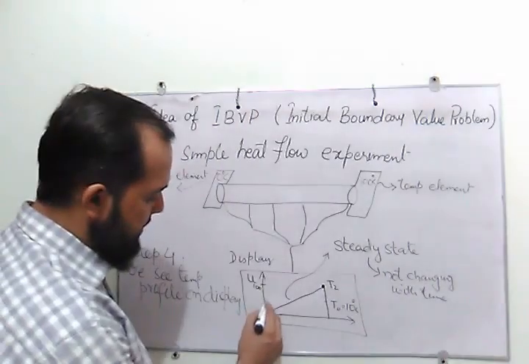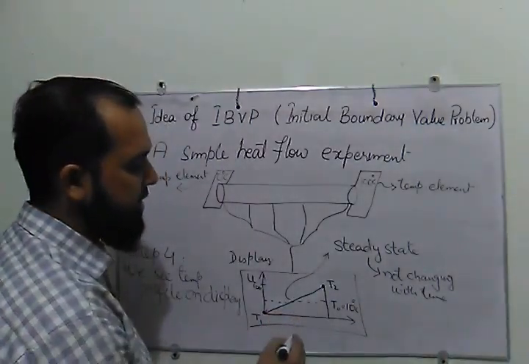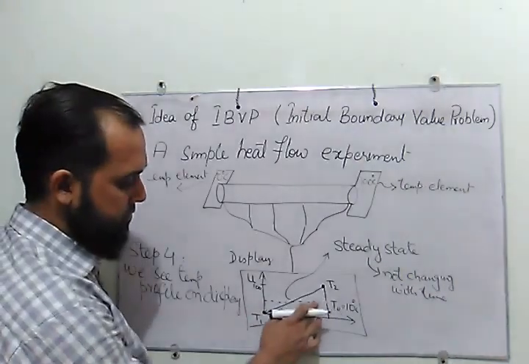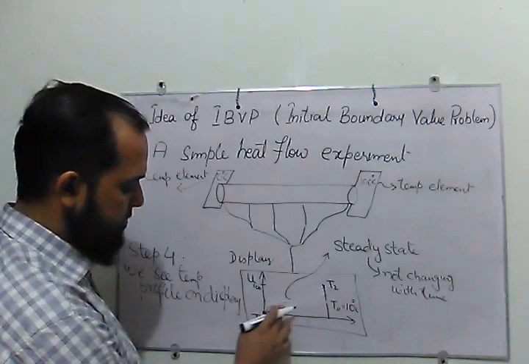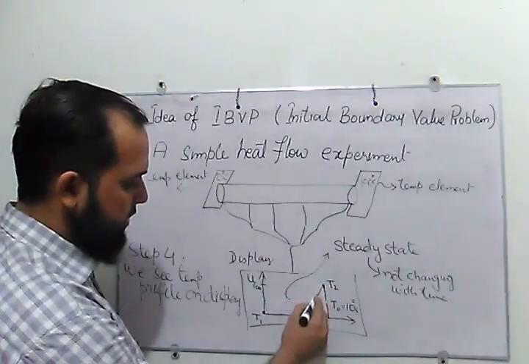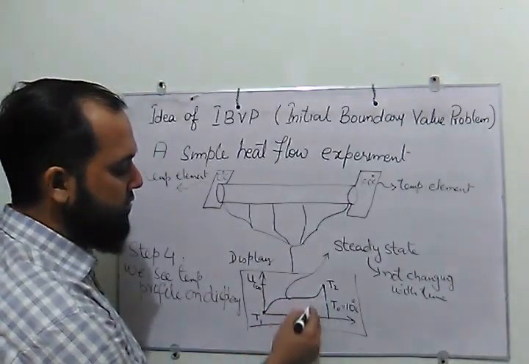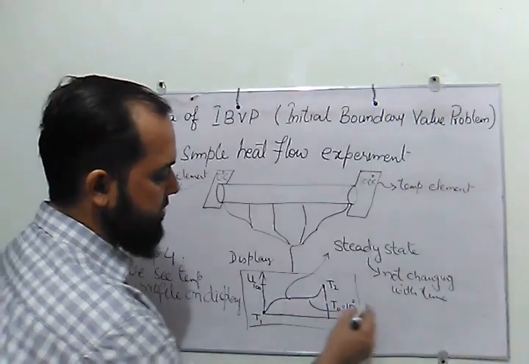The first one, which was represented by 10 degrees centigrade, was the initial state. Then when it changes from this to this, we call it the transient state.